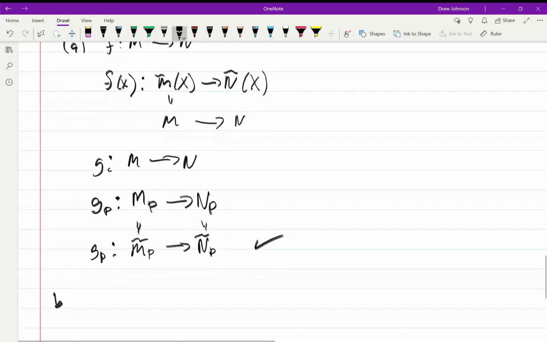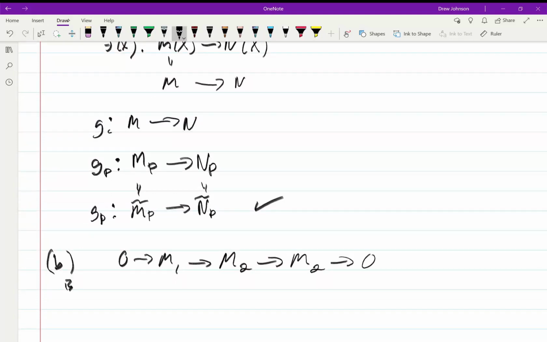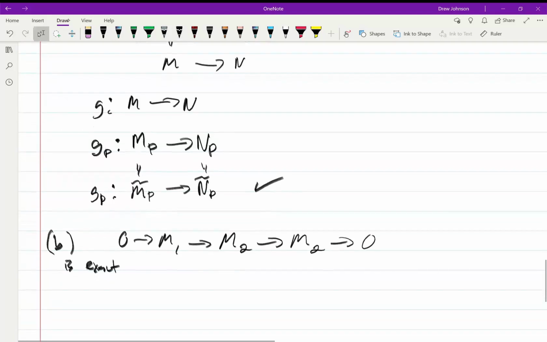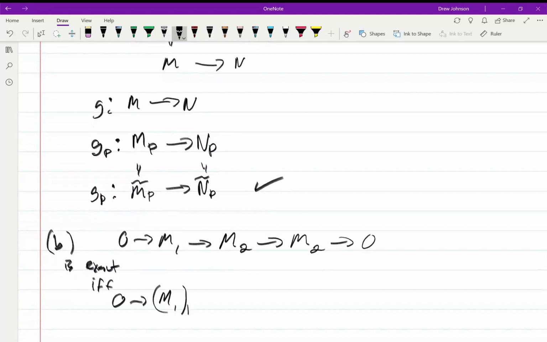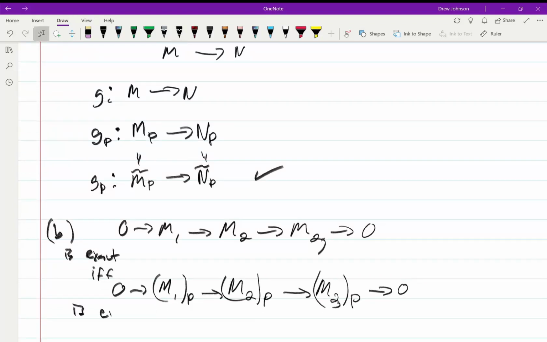Okay, let's look at part B briefly. A map of modules, if you remember from commutative algebra, it turns out this is exact if and only if the sequence of localized modules is exact for all primes.